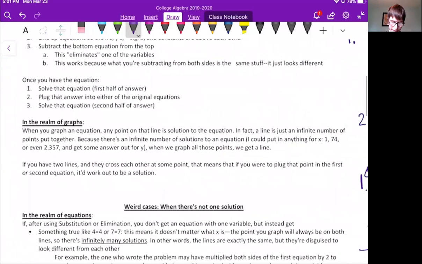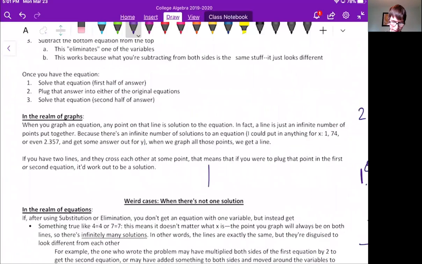Remember from the last video, the equation of a line is not really a line at all. It's just a bunch of points that are all really close together, and together they make what looks like a line.